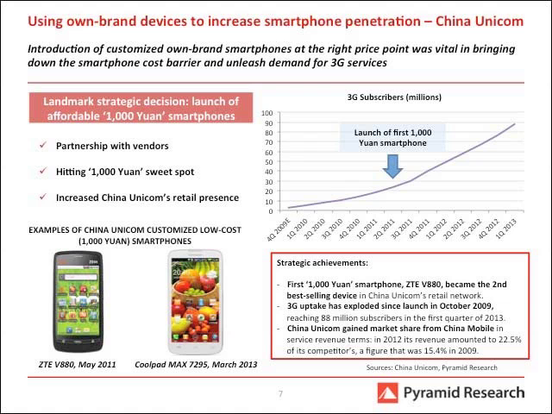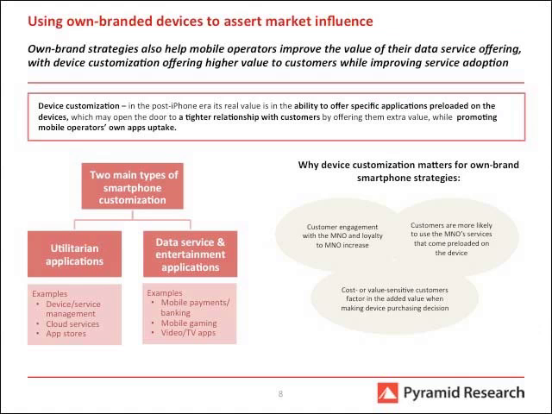Now let's go on to the second objective, which operators can achieve with their own-brand smartphone portfolio, and this is to assert market influence. Via smartphone customization, typical for own-brand smartphones, they can provide more value to their customers.